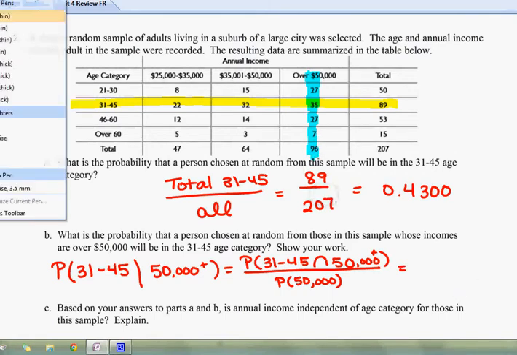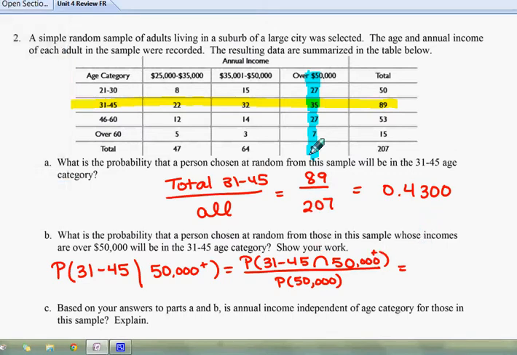What we're looking at is 35 people, the one that classifies as both, over the total for the given, so over 96, and that equals 0.3646.